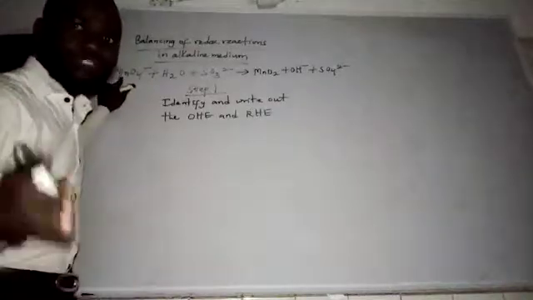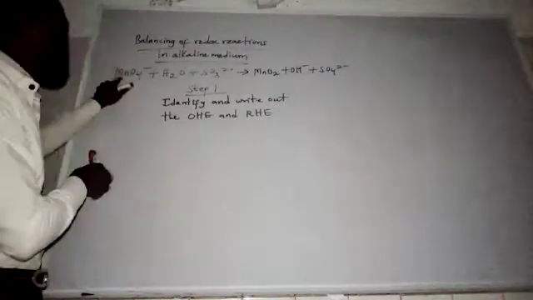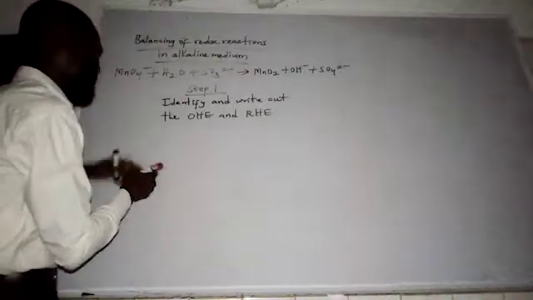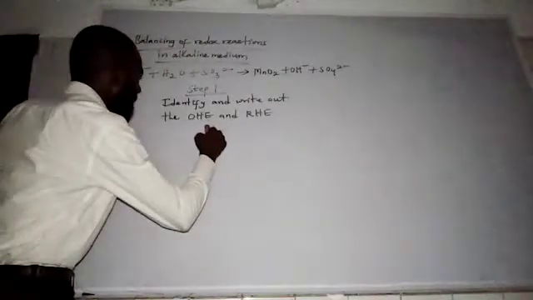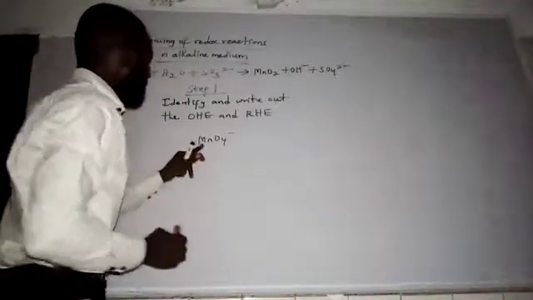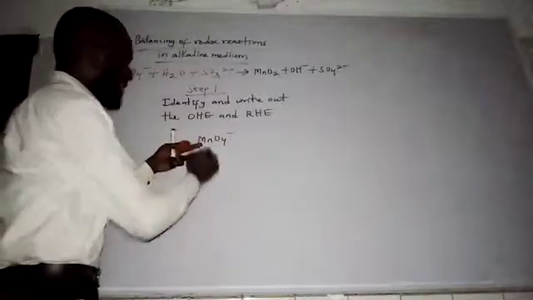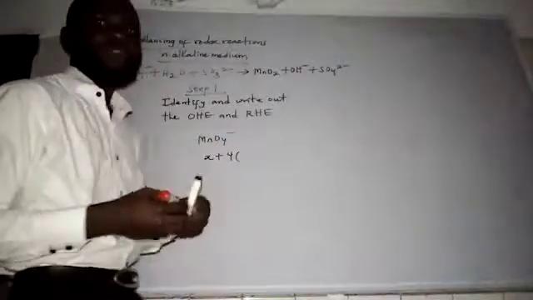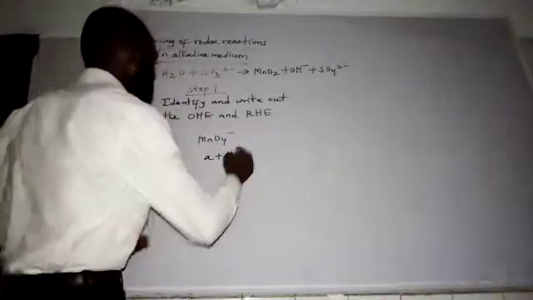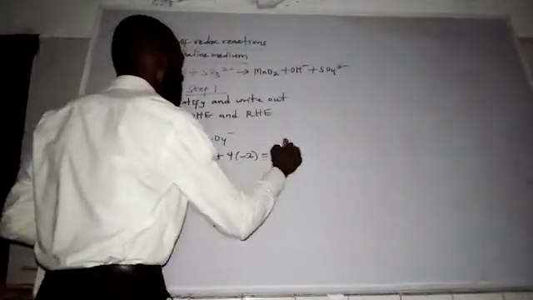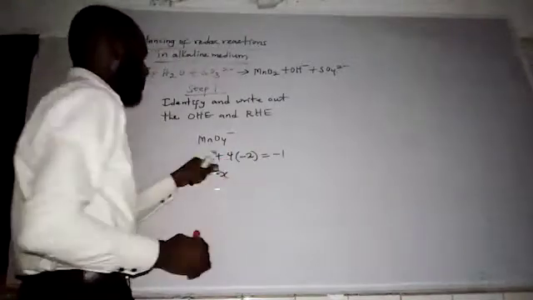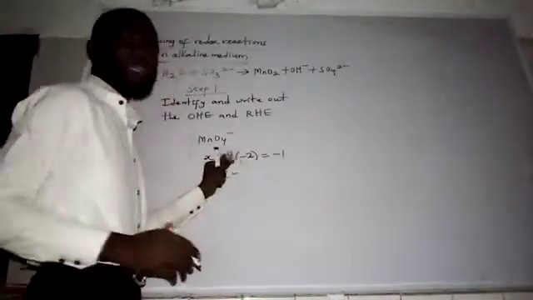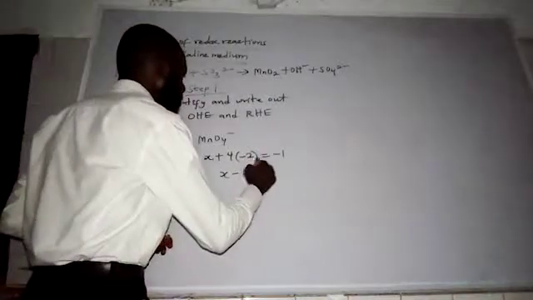If I want to get the oxidation number of manganese here, all I have to do is write this out. So I have MnO4 minus. My Mn, let me represent it as X, plus 4 into oxygen, which has an oxidation number of -2, is equal to -1. Then I'll have X minus 8 equal to -1.